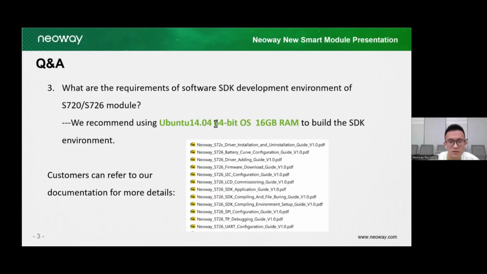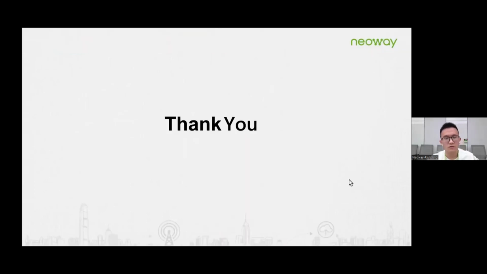We require a 64-bit OS and at least 16 gigabytes of RAM to build the SDK environment. For more details, customers can refer to our documentation, like our compile and flash burning guide and compile environment setup guide. I think that's all from my side.